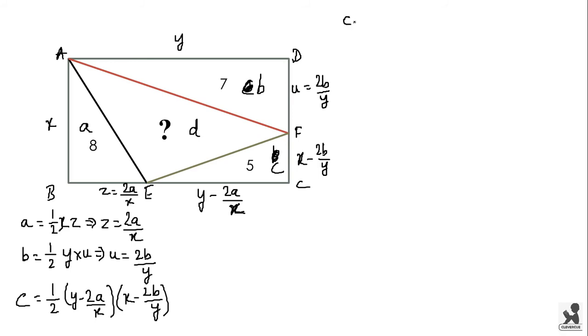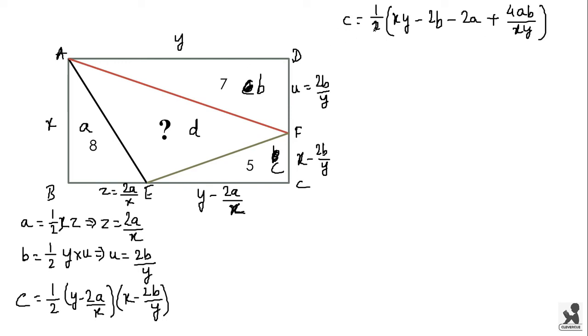C is equal to 1 by 2 into, by multiplying these two terms we get xy minus 2b minus 2a plus 4ab by xy.